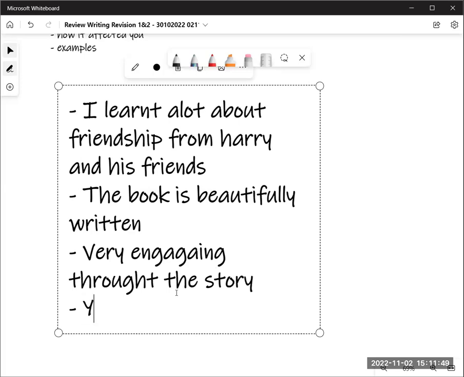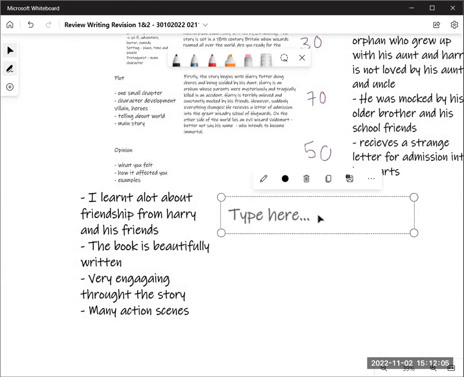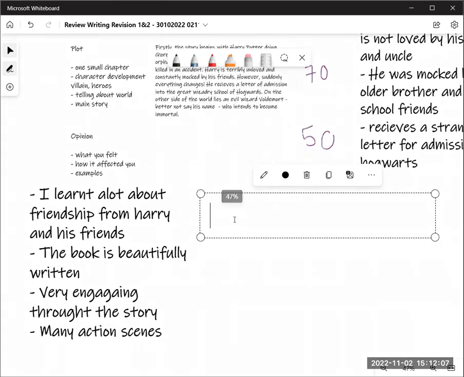You can't put it down, or let's say, many action scenes. But these are some things we can mention. Now, when you're writing this, how do we write it? Well, we'll start with another linking word, let's say secondly.